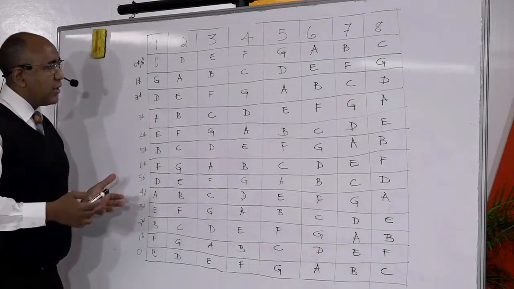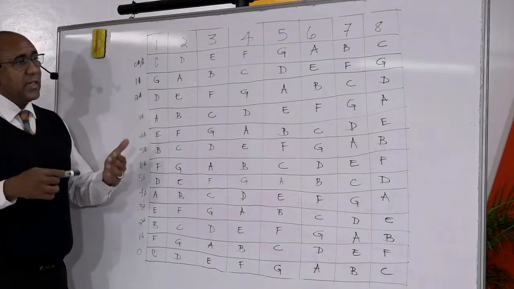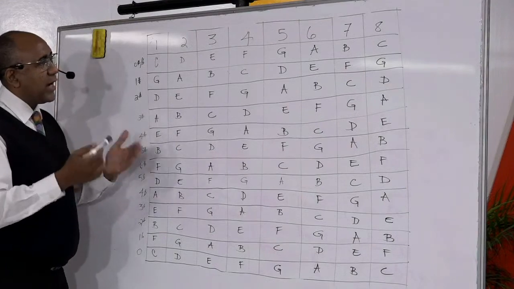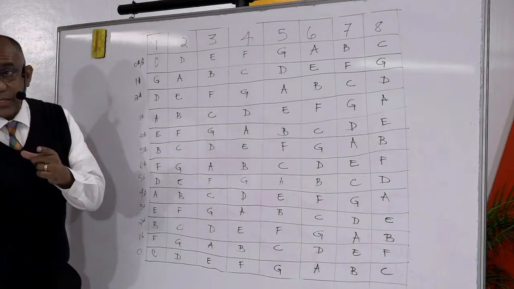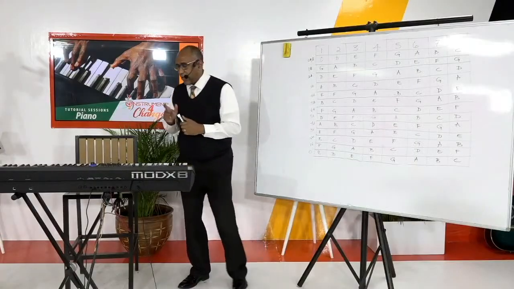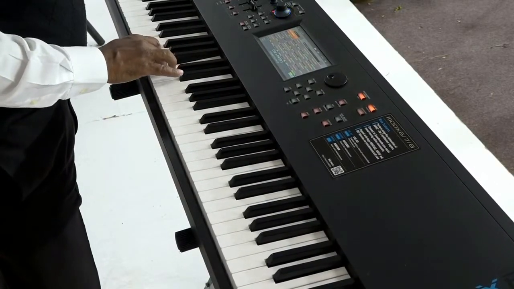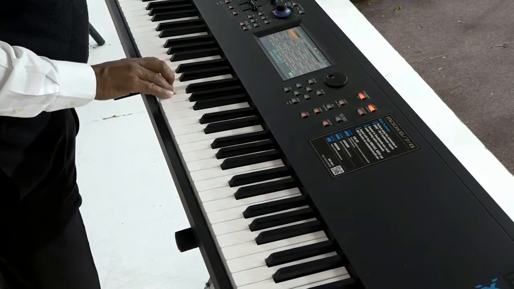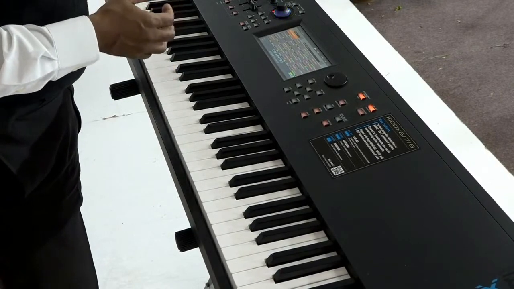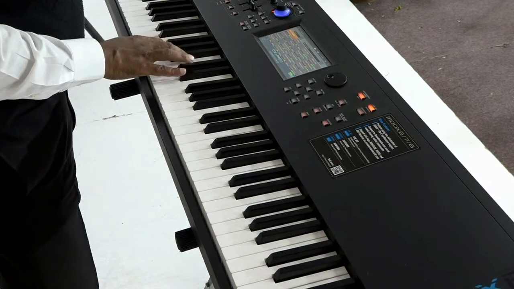Now, in order for us to get it in G, we have to change something. What is it that we're going to change? Let's try it in G and see. Now, that sounds funny. Let's try it again.